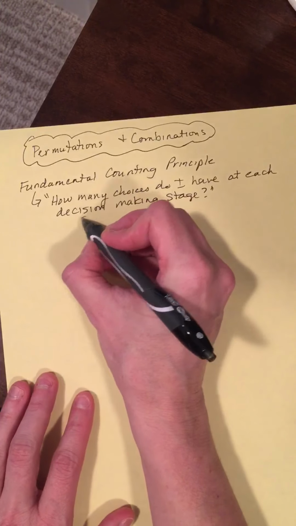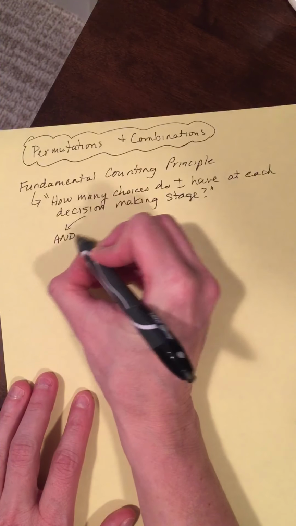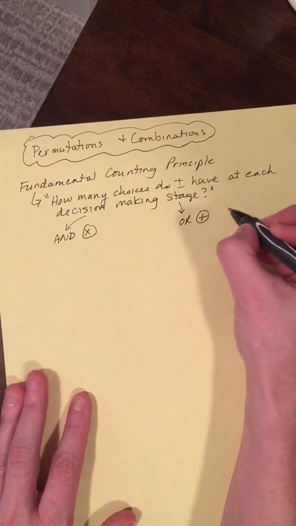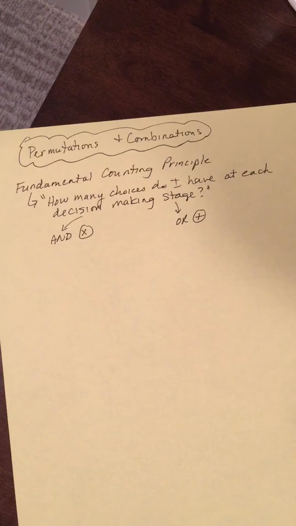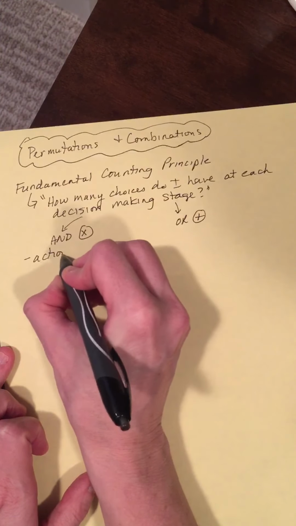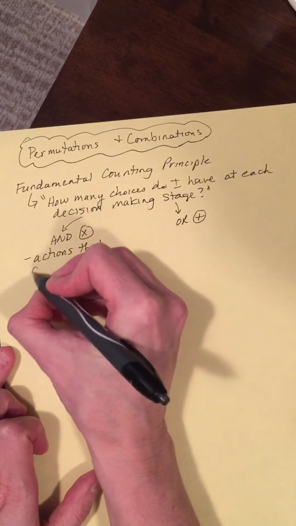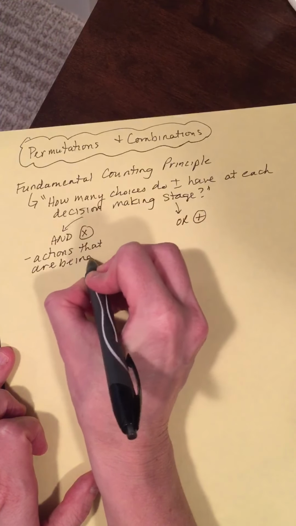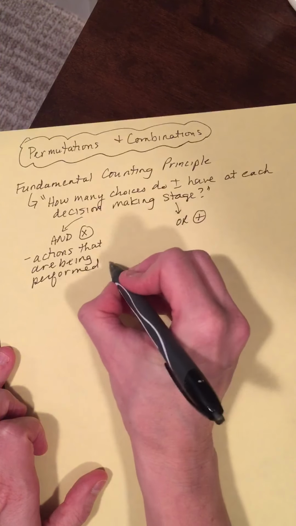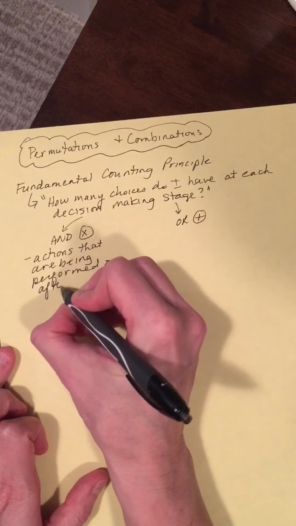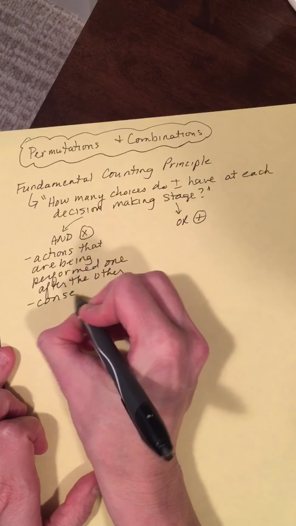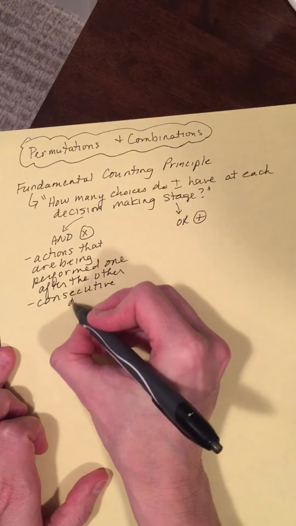Now, what came out of that is 2 main concepts: the and, which we know means multiplication, and the or, which we know means add. So with the and, these are actions that are being performed one after the other, consecutive decisions.